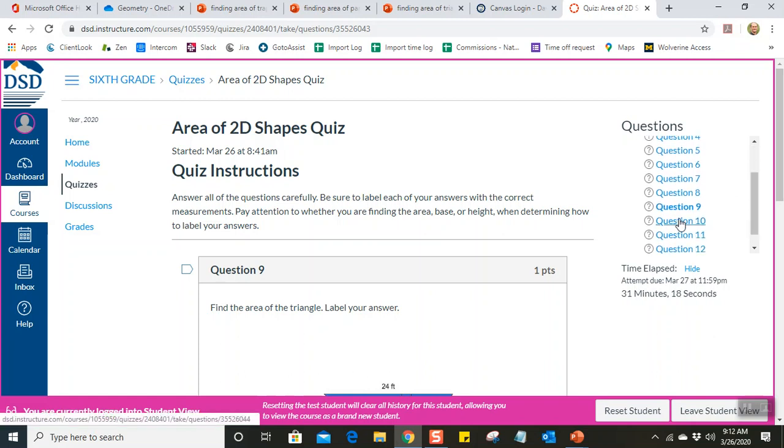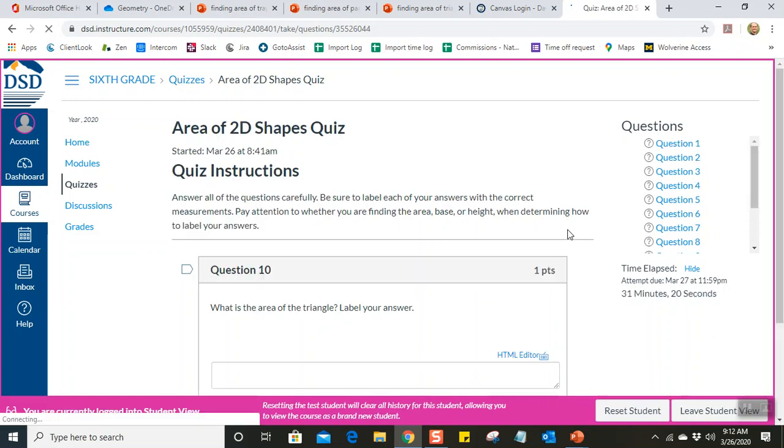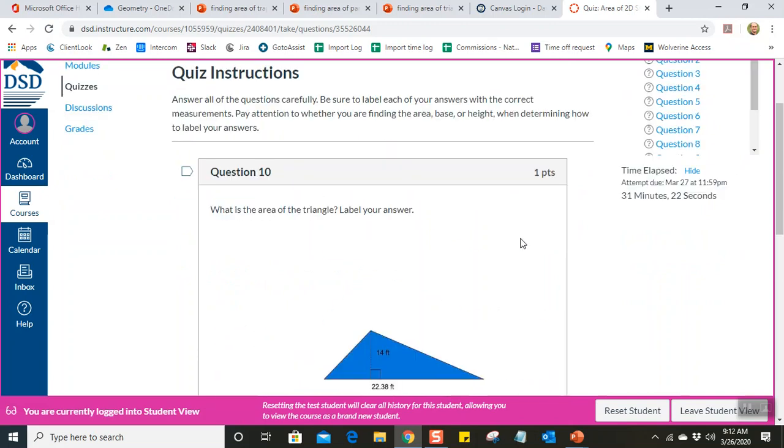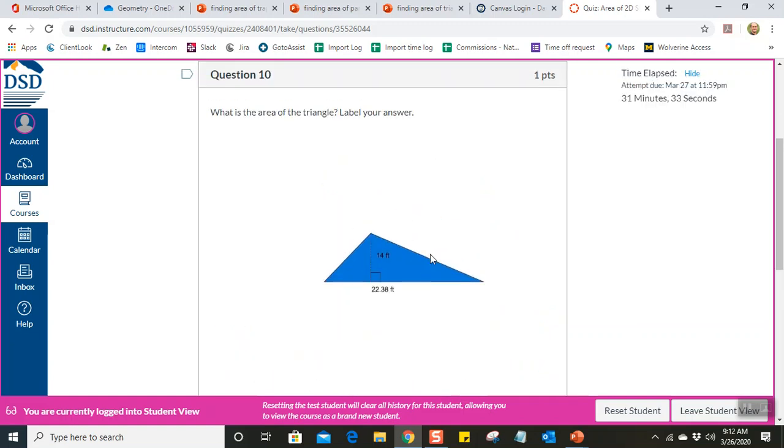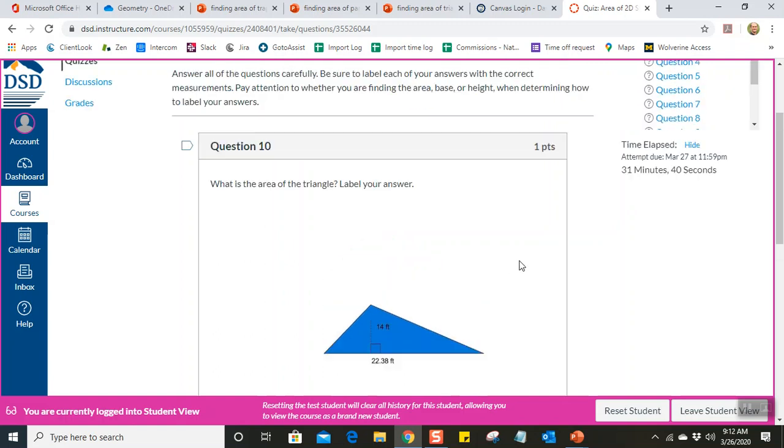Trapezoids, triangles, divide by 2, the 2 TRs. Question 10. Okay, this is an easy one as far as knowing where the base and the height are. The tricky thing is your math. Okay, so you need to be really careful because not only do you have to multiply 22.38 times 14, so that's a pretty big multiplication problem, you then need to divide it in half.